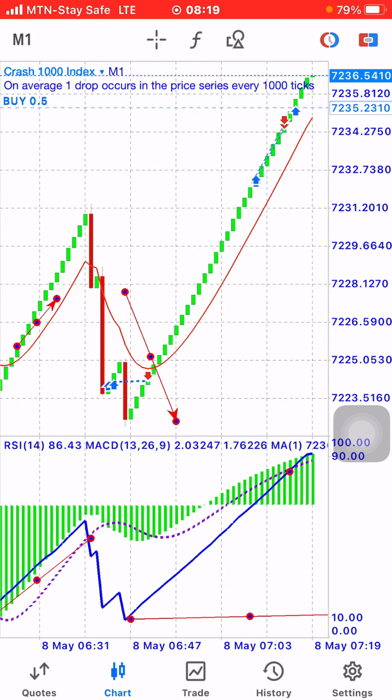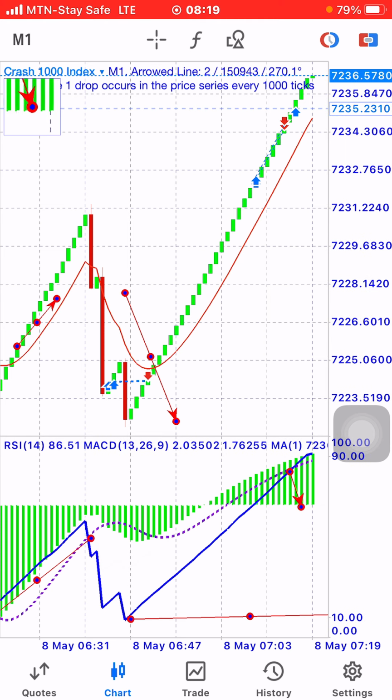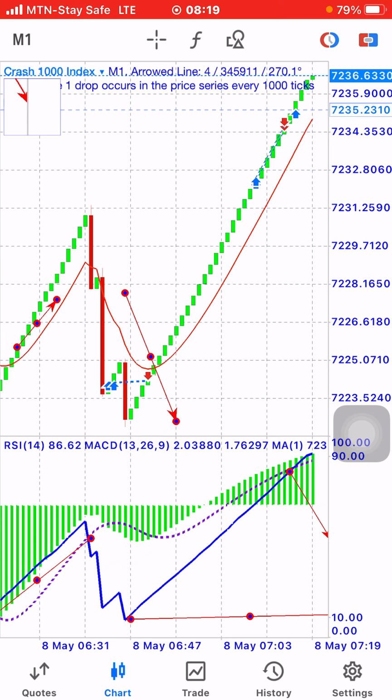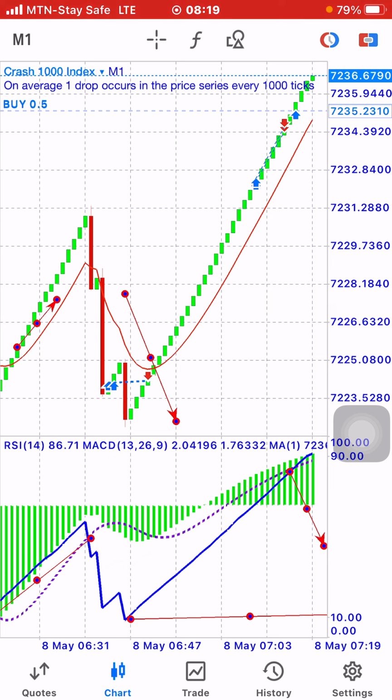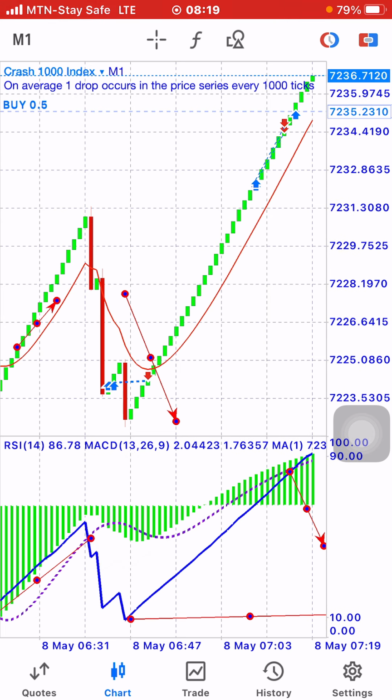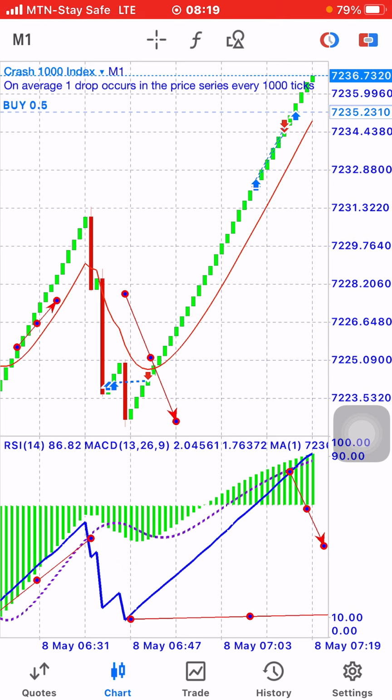Until this purple and blue line crosses again here, or is about to cross. And that's almost, if you count the candlesticks, like 15 or 20 candlesticks to get up there.